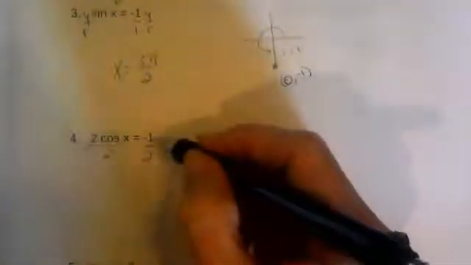So in this next one, they have not left the cosine by itself. There's a 2 in front. So the first thing we want to do is try to isolate x like we would always do. And so we get cosine of x is -1 over 2. Well, cosine is x over r.